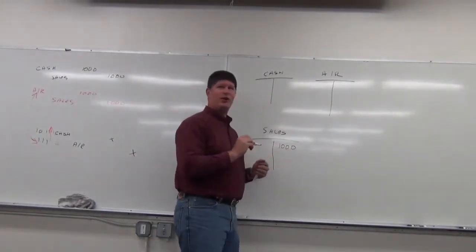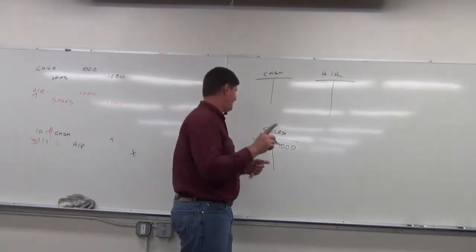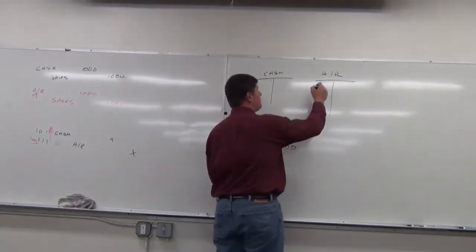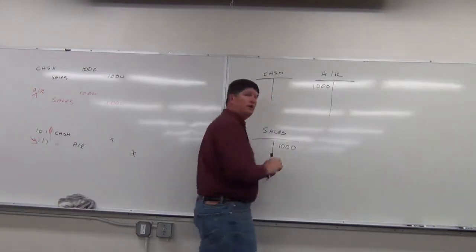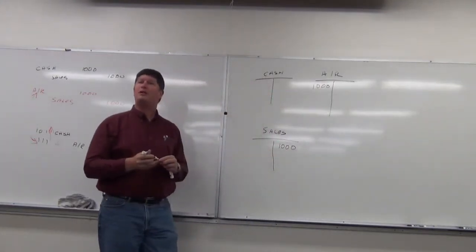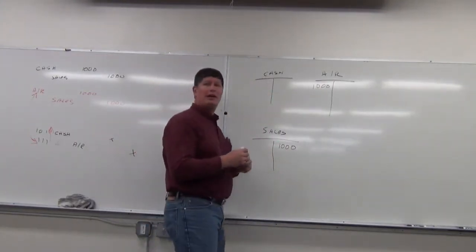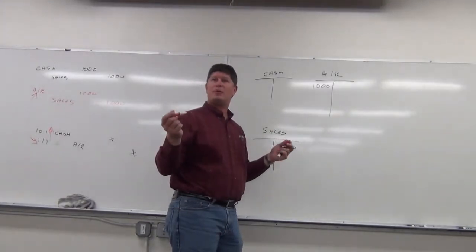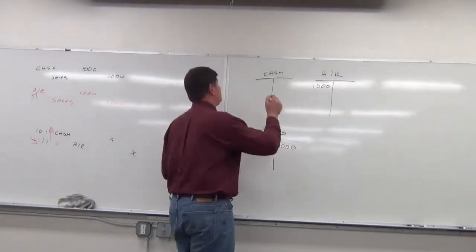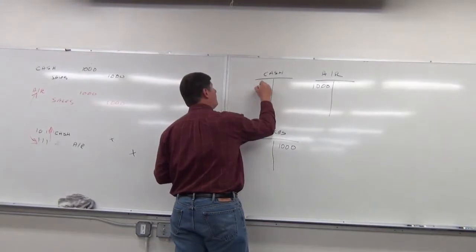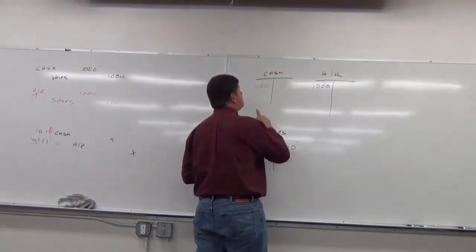My debit is to what? Accounts receivable. Now I'm going to collect the cash. When I get cash, is cash debit or credit? Debit. And my credit is where?